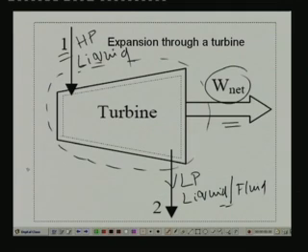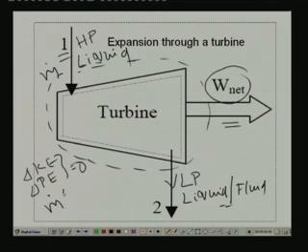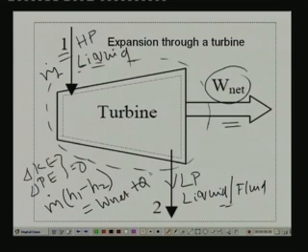And if I further assume that delta KE, that means change in kinetic energy, and delta PE, change in potential energy, both are negligible, then from applying the steady state steady flow energy equation, you can show that if m dot is the mass flow rate of the liquid, then m dot into (h1 minus h2) is equal to W net plus Q, where Q is any heat transfer from the turbine.